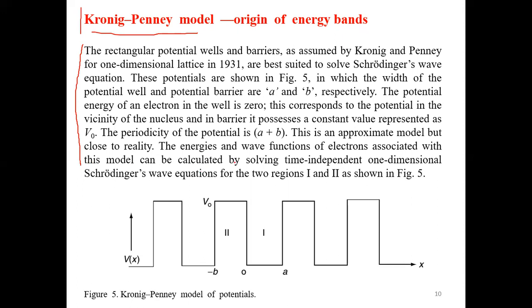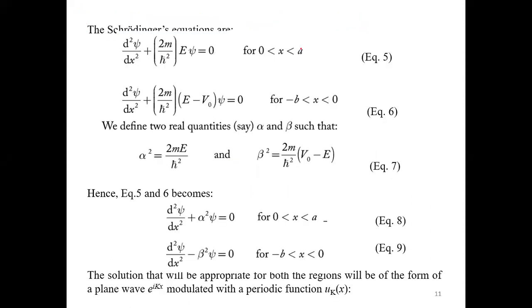Okay, we'll use simple quantum mechanics. We're going to use only the one-dimensional Schrodinger equation here. This is the Schrodinger equation when the potential is there. When the potential term is 0, the Schrodinger equation will become this one.